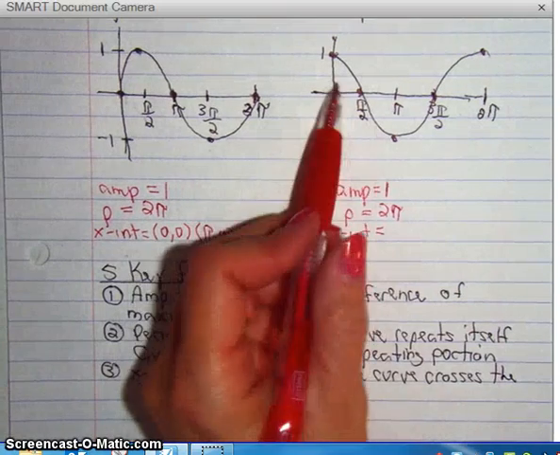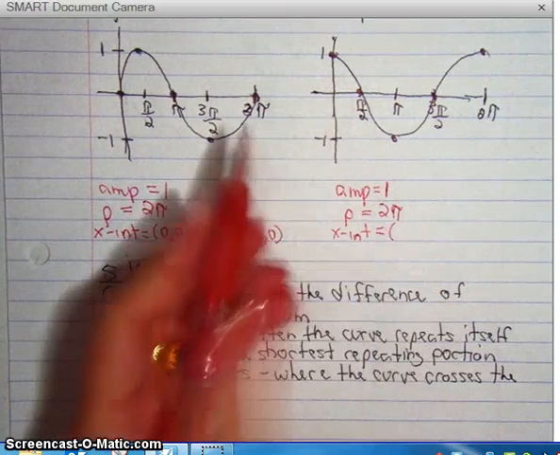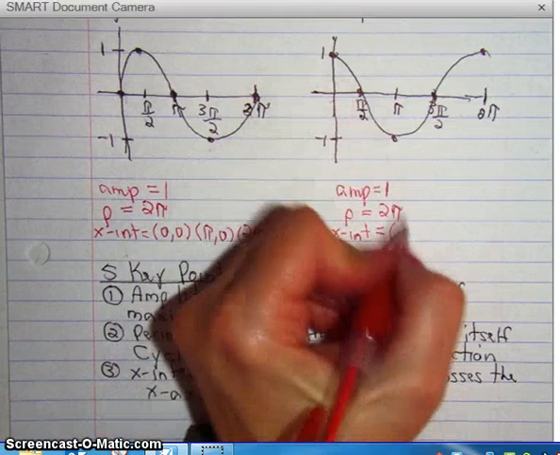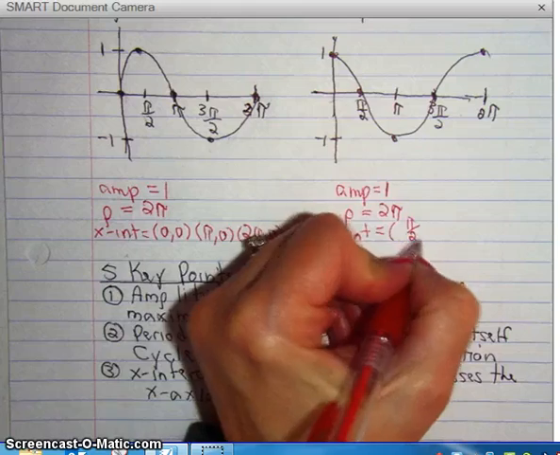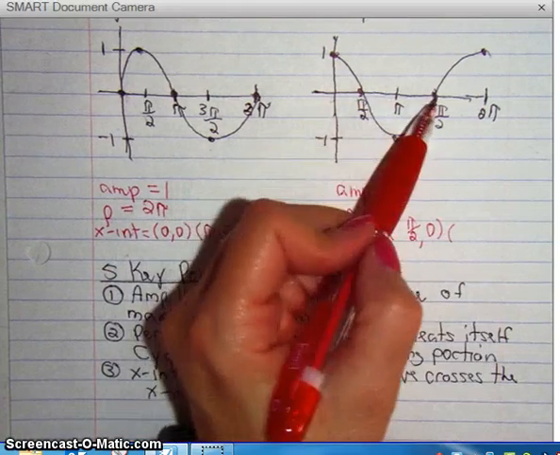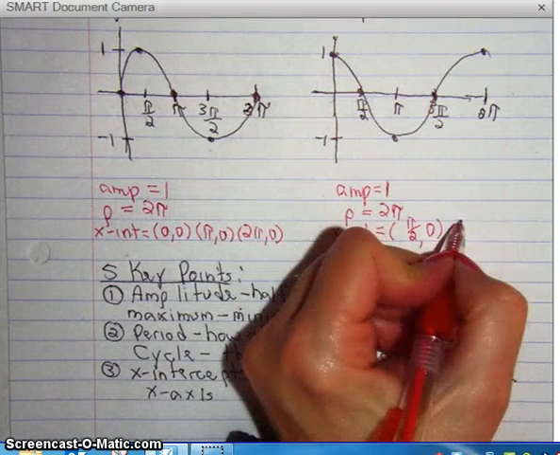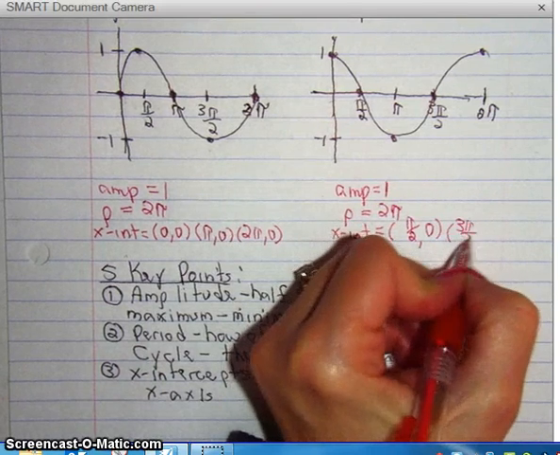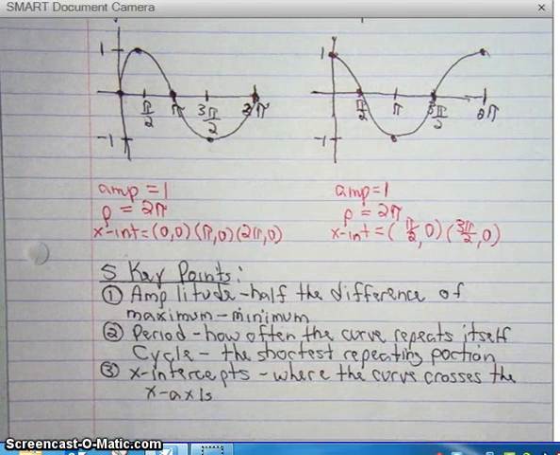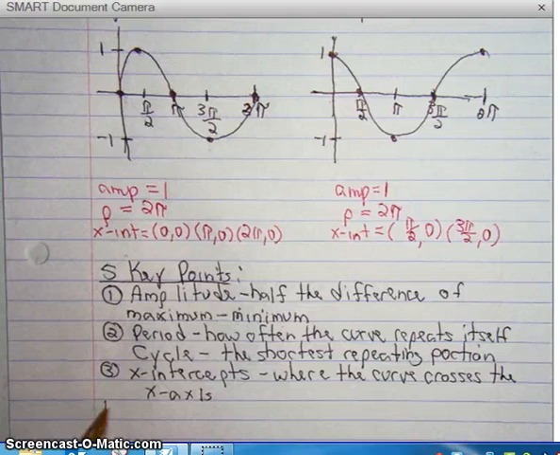Mason, cosine graph. First x-intercept right there at? Careful. 0. And next one at? Excellent.